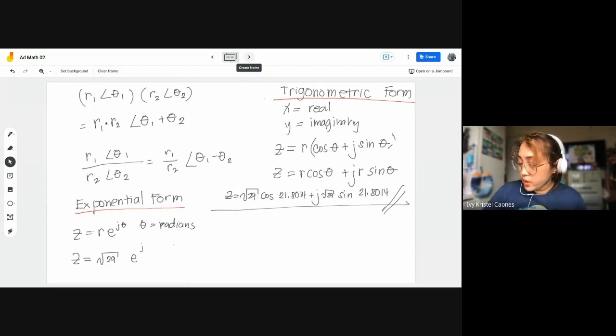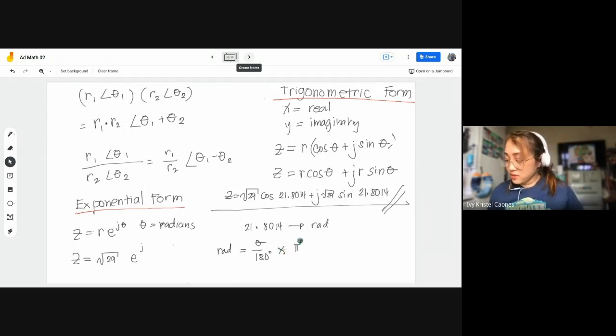So, if you have 21.8014 to radian, that is the angle over 180 degrees multiplied by pi.